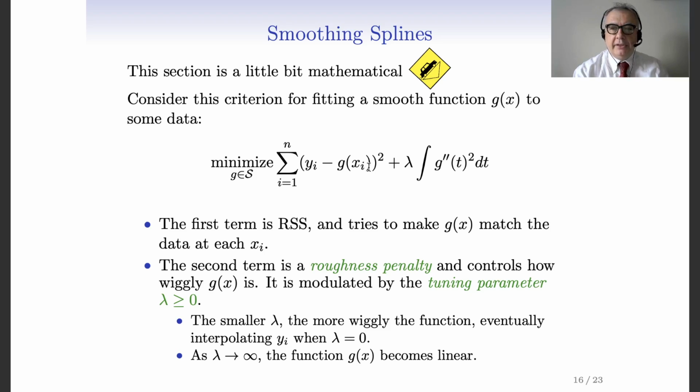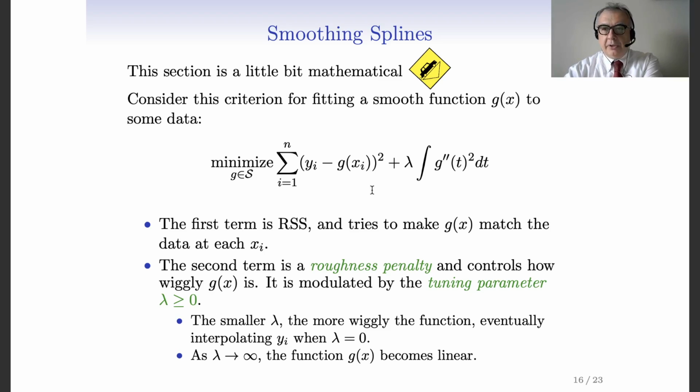So I'm not assuming that g is a polynomial with some set of parameters, or a linear combination of sines and cosines, nothing at all. I just consider a very generic g of x. So you could think that it's very difficult to solve this kind of problem. How could I find among the infinitely many possible functions the one that minimizes this cost function?